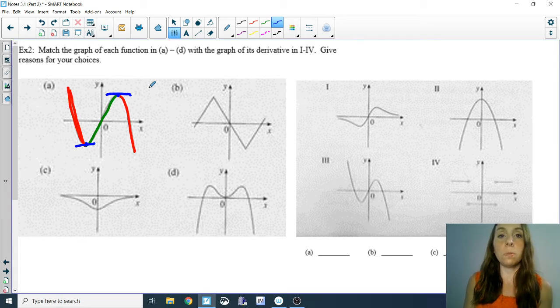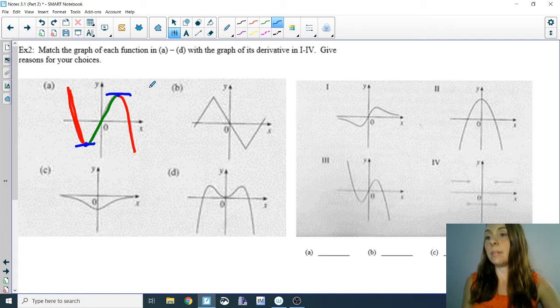It should have 2 places where it crosses the x-axis. Okay, so now looking at your options, can you see that Roman numeral number 2 has those 2 zeros? It has the 2 places where it crosses the x-axis. It has a negative interval here and a negative interval here. I mean negative because it's below the x-axis. And it has a positive interval here.